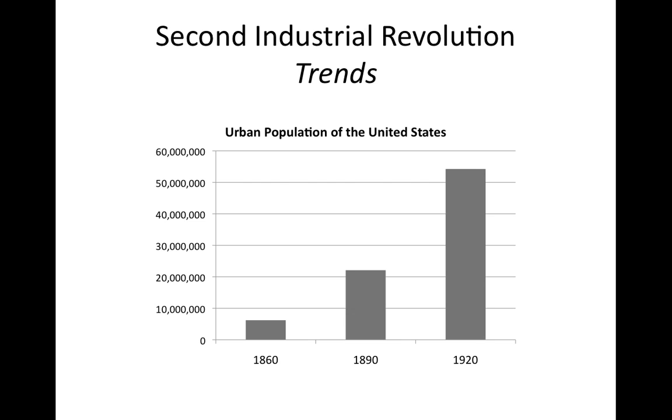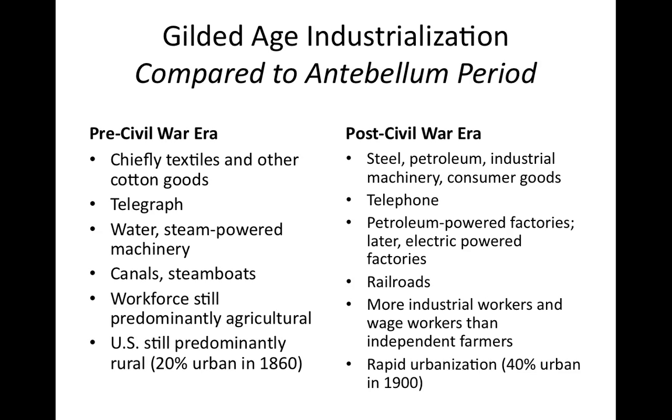And by 1920, that number saw an enormous increase, almost threefold, to over 50 million people. So the United States has become not yet more urban than rural, but far more urban than it was at the beginning of the Civil War, thanks to the Second Industrial Revolution.